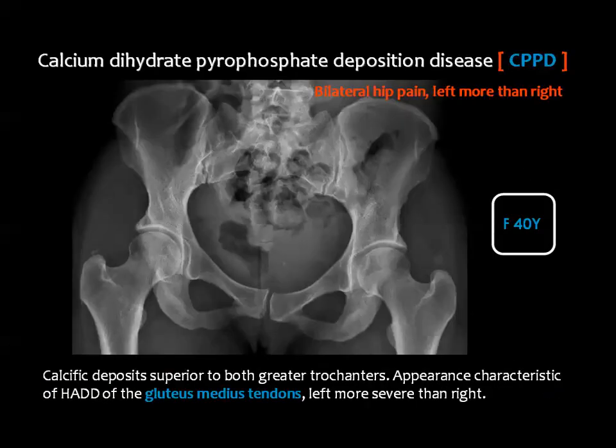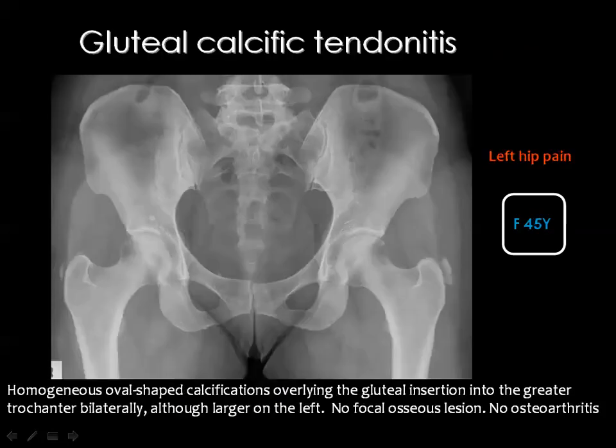And sometimes in this disease, which is sometimes called chondrocalcinosis or calcium pyrophosphate deposition disease, you got calcification at the site of the tendon attachment to the greater trochanter, and in this particular disease you got bilateral and maybe symmetric calcification of the gluteus medius tendons.